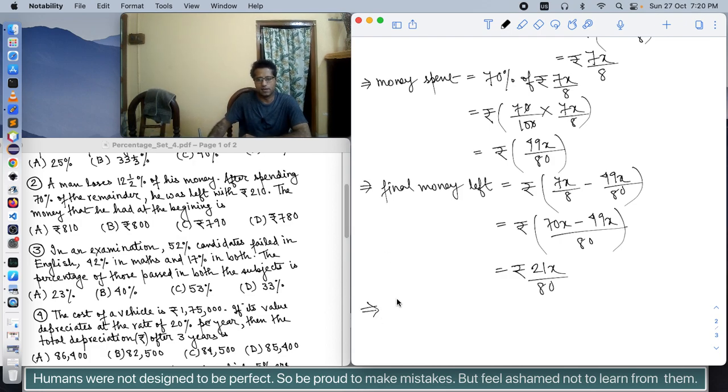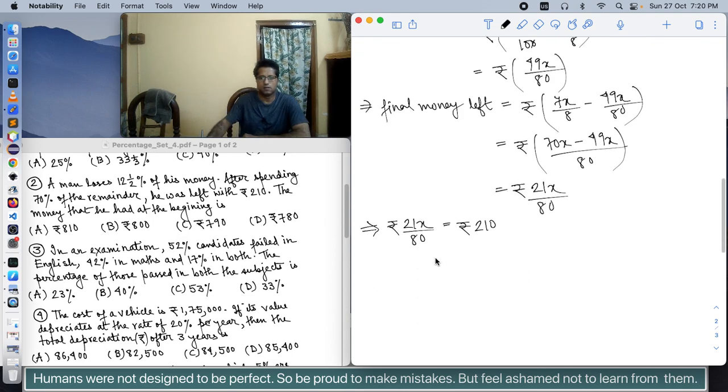So now we can say that rupees 21X by 80 must be equal to rupees 210, because the problem says that after spending 70% of the remainder he was left with rupees 210. Now we have the equation, we can cancel the units and compare the values: 21X by 80 must be equal to 210.